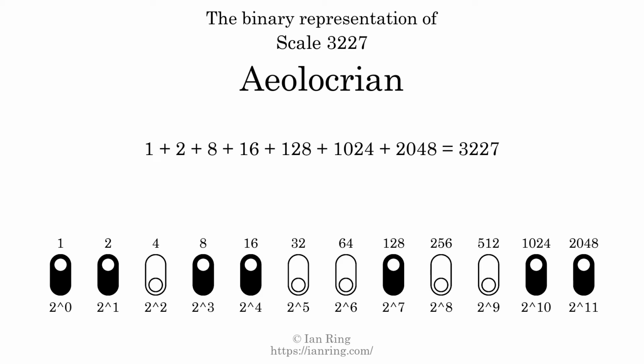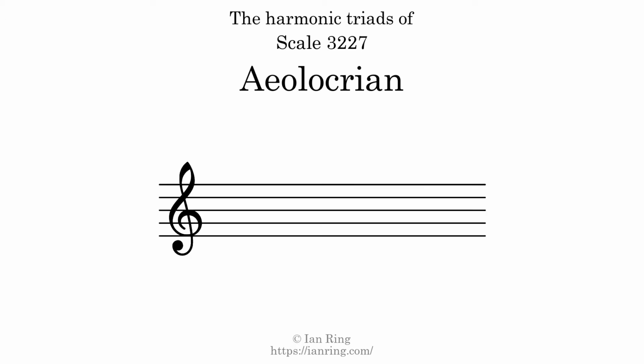That is why the scale number, in decimal, is 3227. The scale number not only enumerates the scale with a unique index, but it also literally describes the tonal content of the scale. Represented as a binary number in base 2, the scale number is 110010011011.